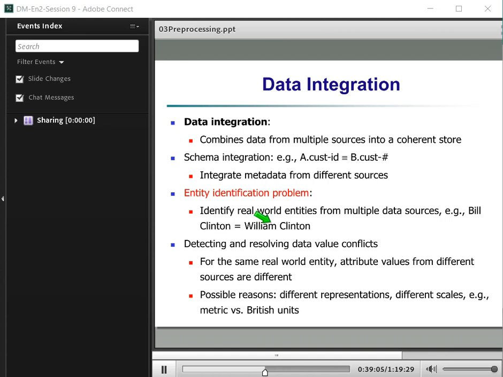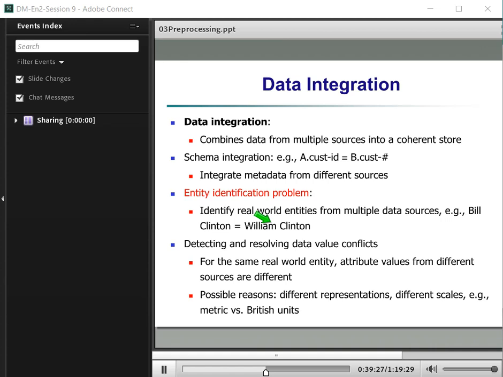In some cases, attributes are the same, but their names are not. Or maybe their types are not the same.